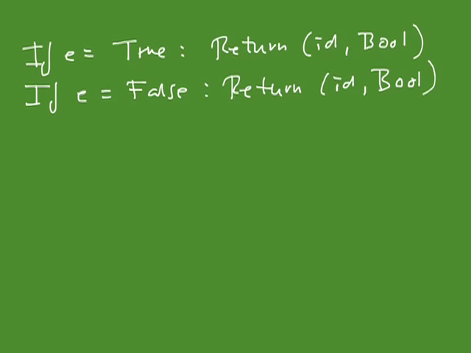We return the identity substitution and bool. It's a little more interesting once we get round to variables, application, abstraction, and all of that.